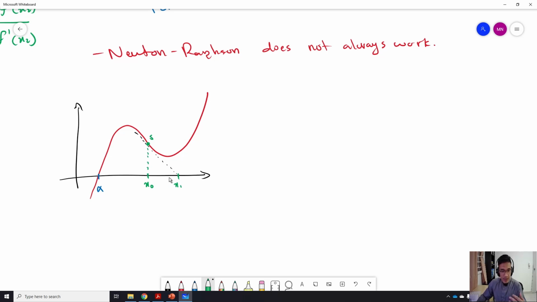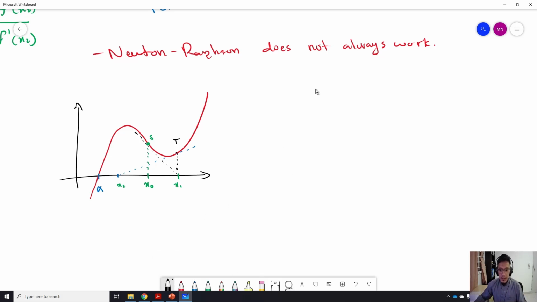So x1 is actually moving further away from alpha. This means x1 is not giving a better approximation of alpha than x0. And then from x1, it creates a point T. The tangent at T is moving towards x2, so x2 is moving towards alpha. So this is not consistent, as x0 is firstly moving further and then moving closer to alpha. This is why the Newton-Raphson model does not always work.